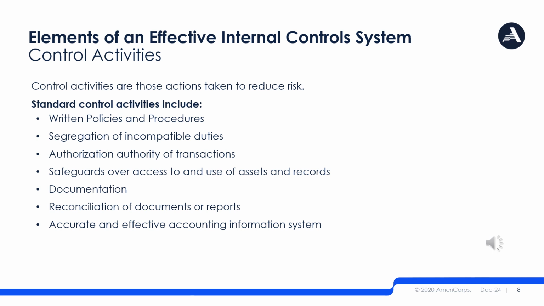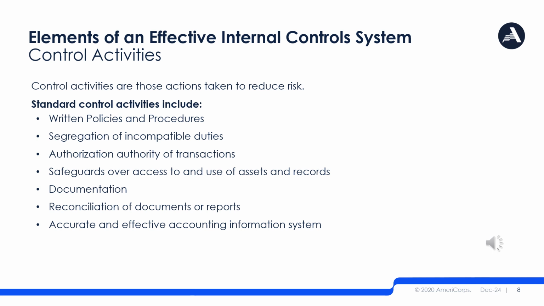The segregation of incompatible duties, for example, different people should be responsible for each stage of cash handling, including receiving, depositing, recording, and reconciling. The review, authorization, and approval authority of transactions. Safeguards over access to and use of assets and records. This means you store valuable assets like cash and sensitive documents in secure locations. You don't share your user IDs and passwords, things like that.